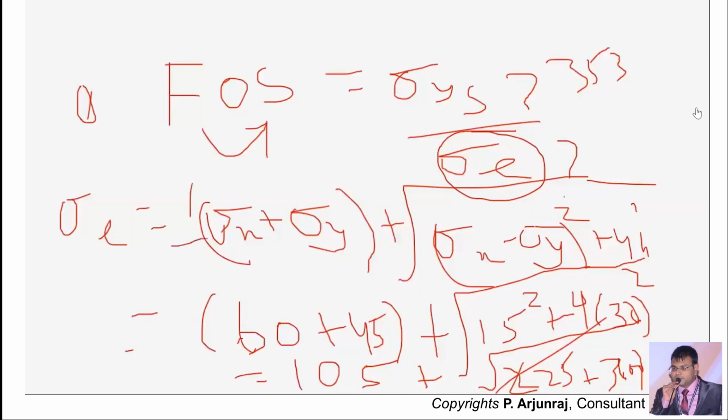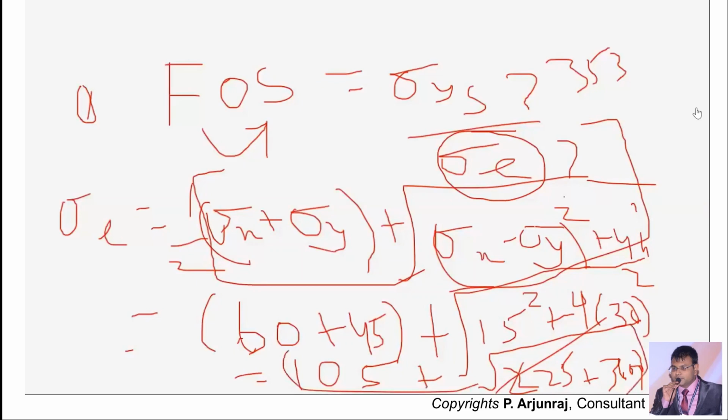Now you have to use 1 by 2. The formula here is sigma e equal to 1 by 2 into sigma x plus sigma y plus root of sigma x minus sigma y the whole square plus 4 into tau xy the whole square.